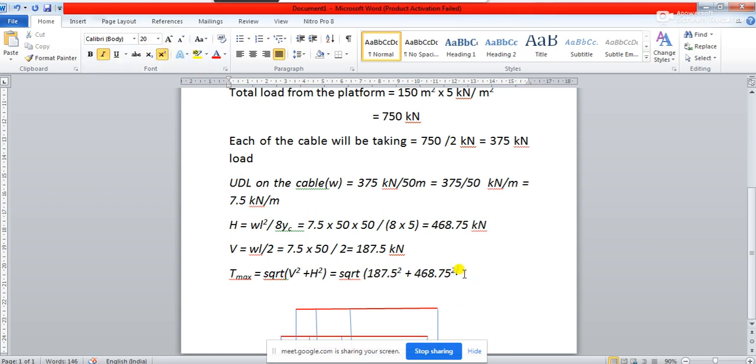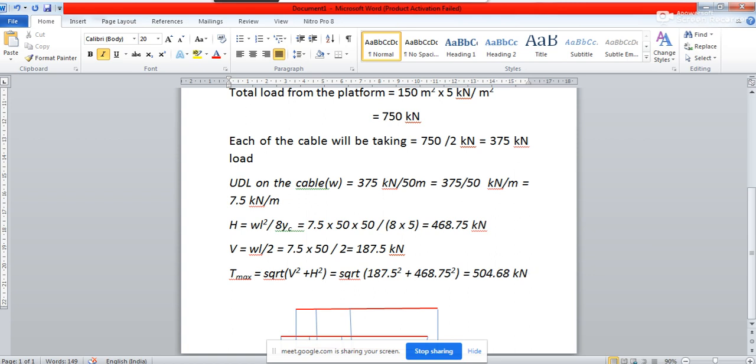Just a minute, I am going a little slow. Now 187.5 squared, have you calculated? It comes to 504.67 or 68, right? This much. Is it clear? Have you understood?